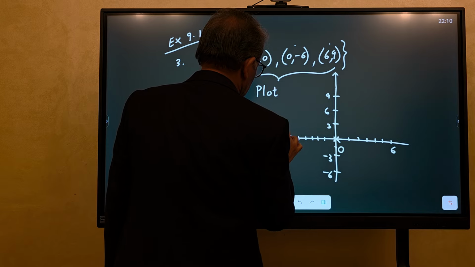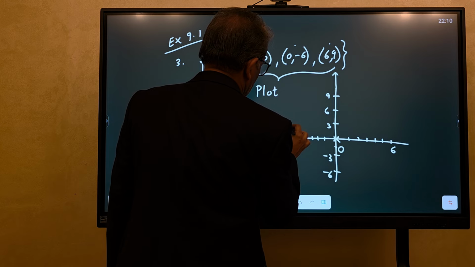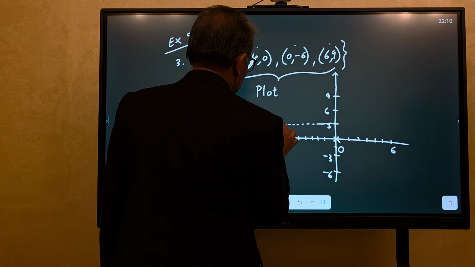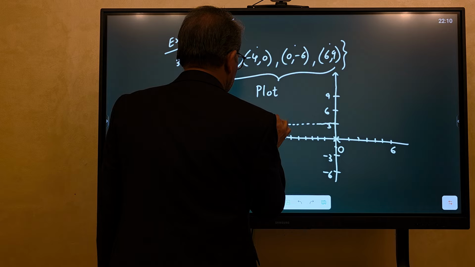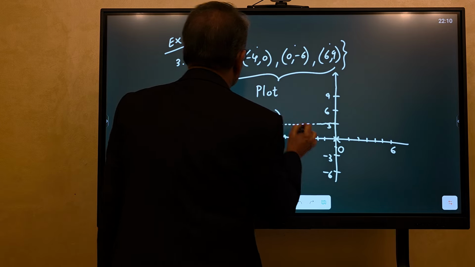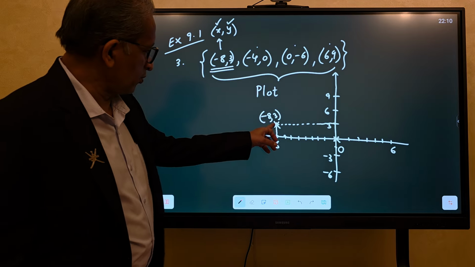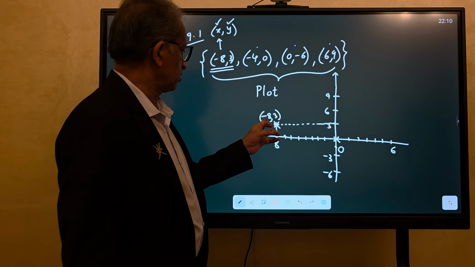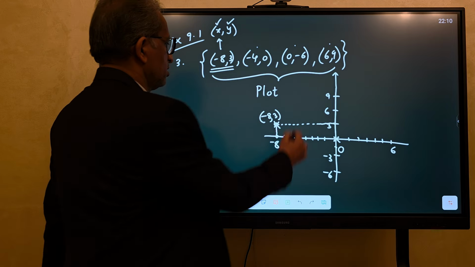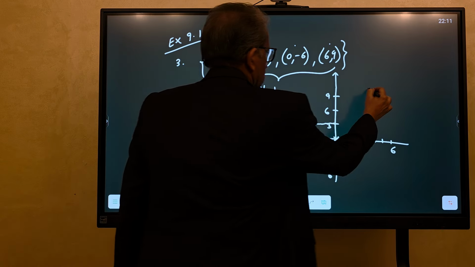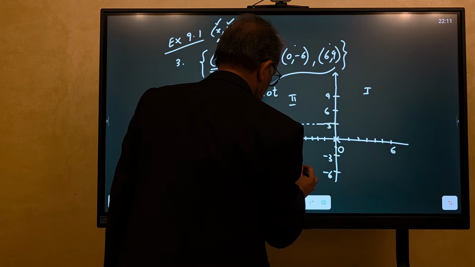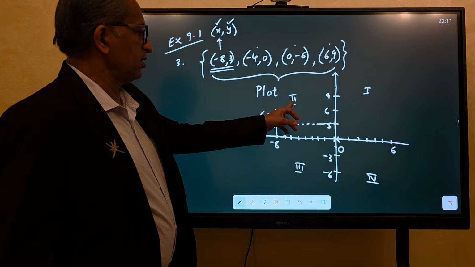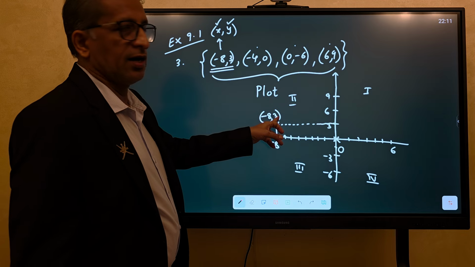You take the values here, and this point is -8, 3. So this is the point. It is in the second quadrant. This is the first quadrant, this is the third quadrant, and this is the fourth quadrant. Definitely it is in the second quadrant because it is negative and positive.